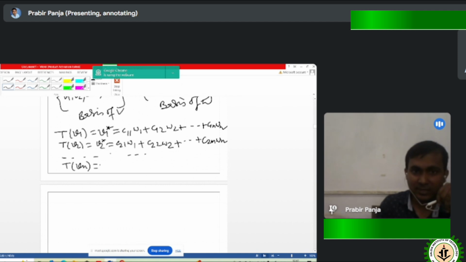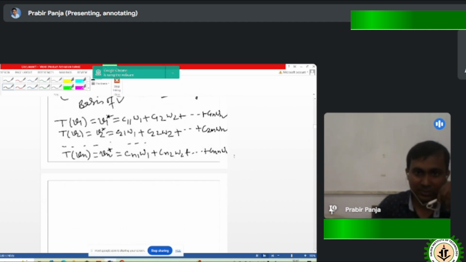Suppose the value under this transformation is Vn star, so we'll write it as Cn1 W1 plus Cn2 W2 plus up to Cnn Wn. Okay. Now using these n equations, we'll find the matrix of T with respect to the bases of V and W.